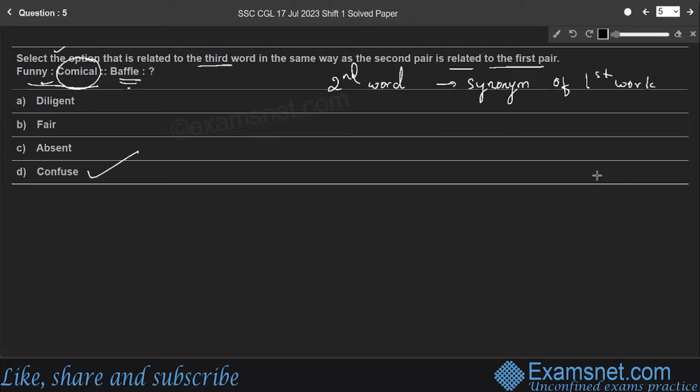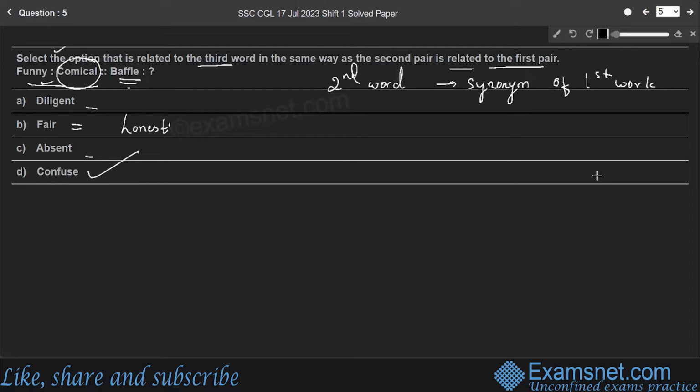Whereas the remaining words, diligent, fair and absent. Diligent means showing care and effort in your work and duties, so the synonym of diligent is particular or hardworking. Fair means appropriate and acceptable in a particular situation, so the synonym is just or honest.